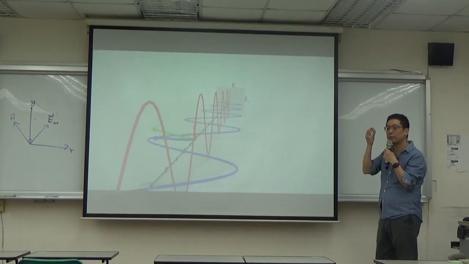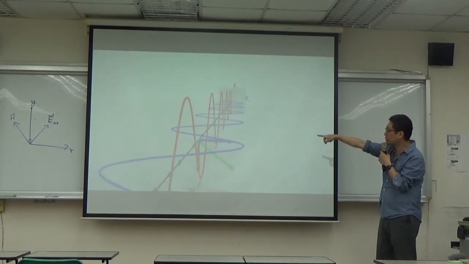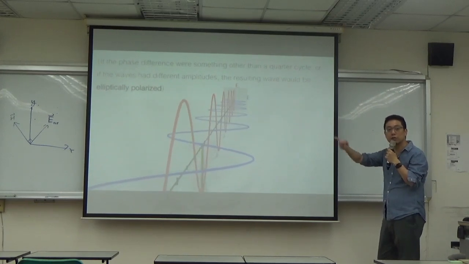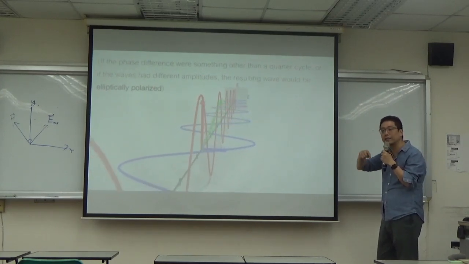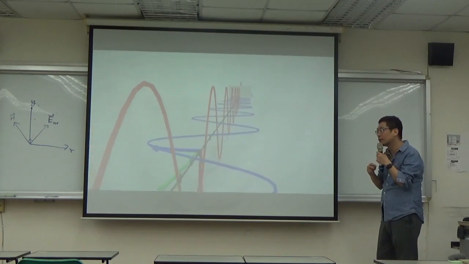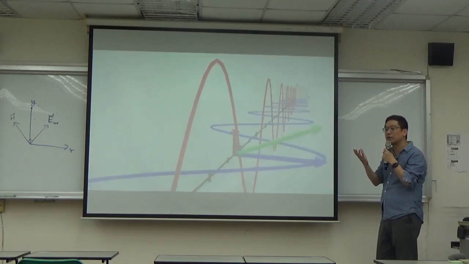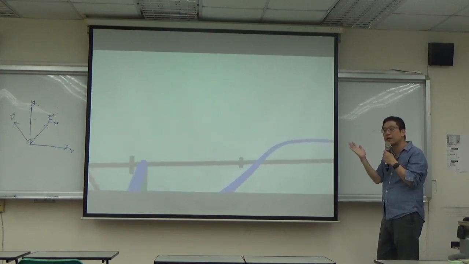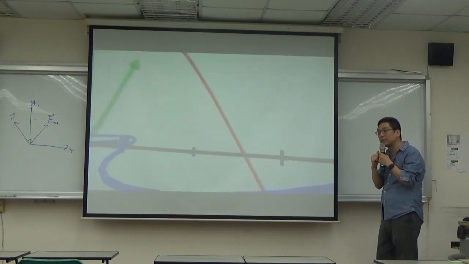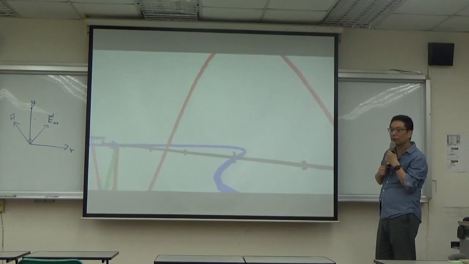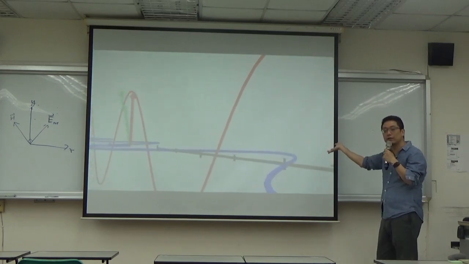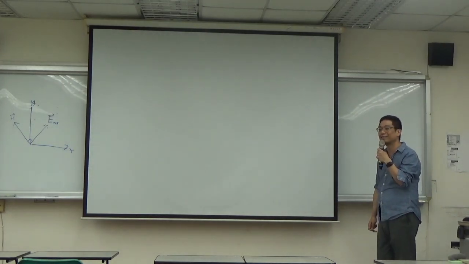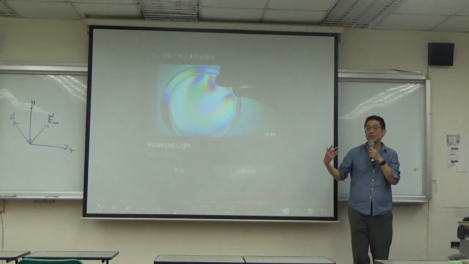It's hard to imagine from the equation, but if you see this picture, you understand why we call this a circular polarization and why the other is a linear polarization. The difference is the phase, whether they are the same or not. I think it's very easy to understand from this one, so every time I show this video, it's much easier to understand, right?